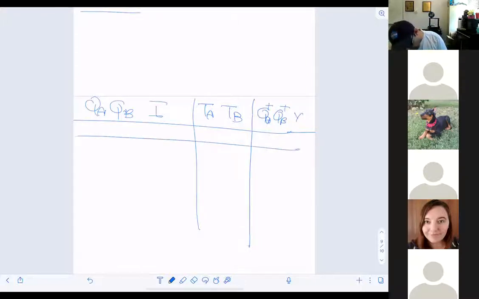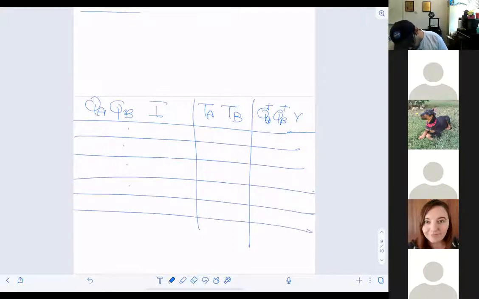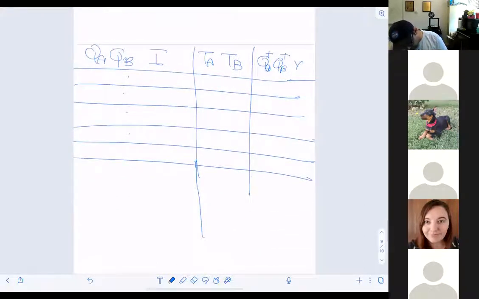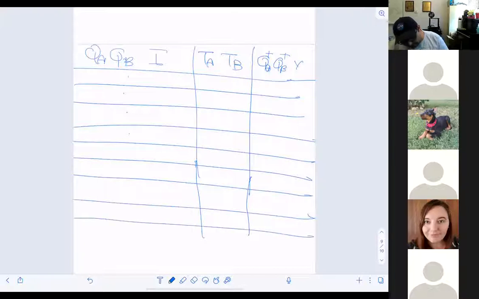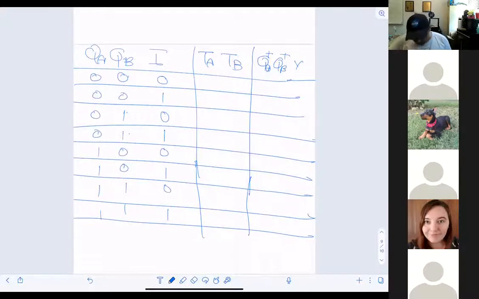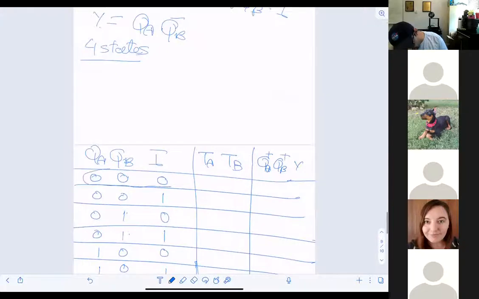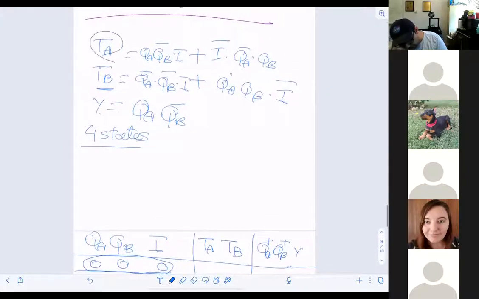So I will start filling the 8 states: 1, 2, 3, 4, 5, 6, 7, 8. I know those, right? What I can do is take every single state and substitute it in the equations.